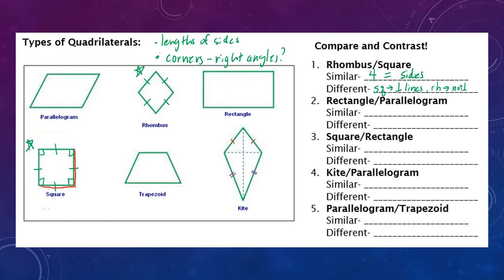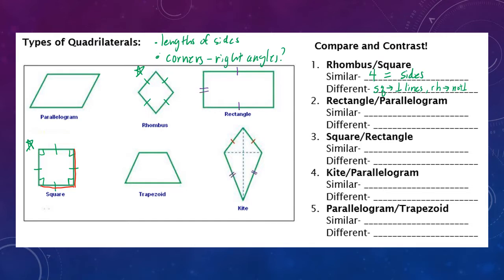All right, let's talk about rectangle and parallelogram. This is actually going to be very similar to what we just talked about with a square and a rhombus. The rectangle and the parallelogram are similar to each other in that they have two pairs of congruent sides. The pairs that are opposite from each other, like the long sides on the top and the bottom of the rectangle, those are congruent.